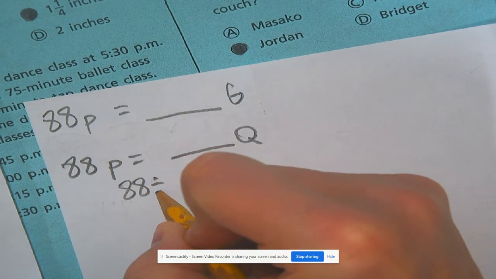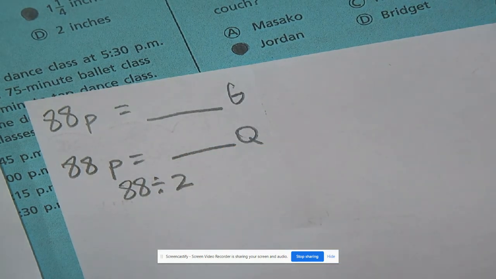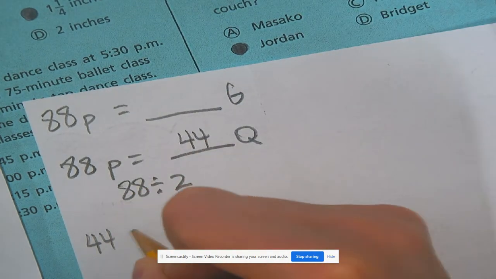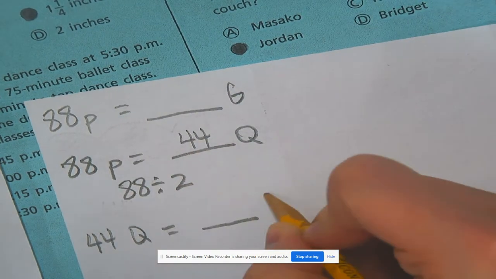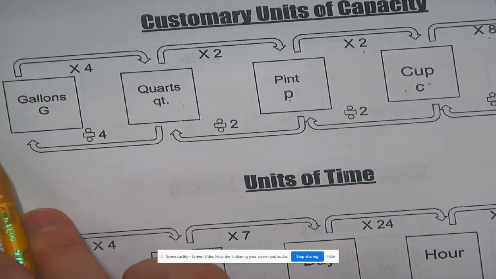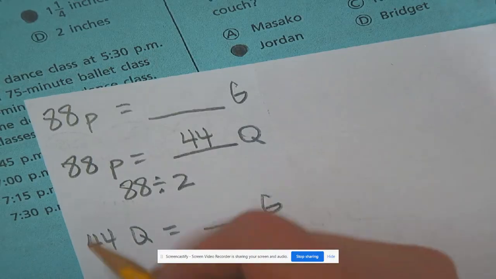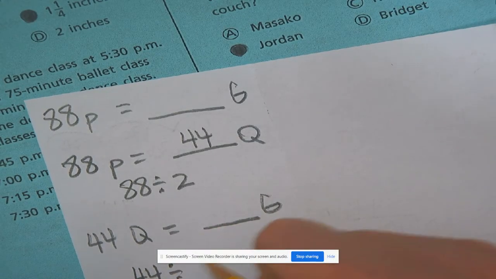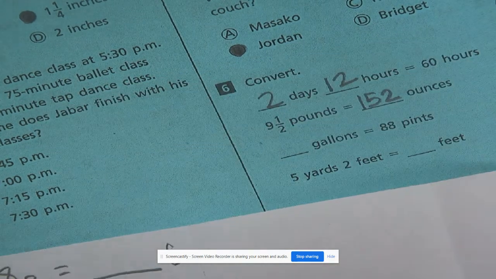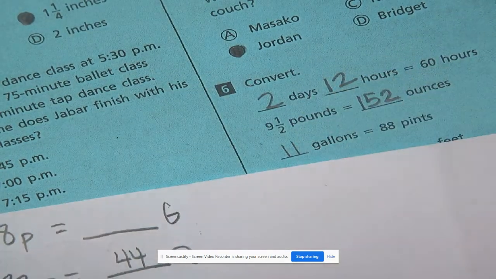Divide by 2. Could you mentally do that one? 44 quarts. So 44 quarts equals how many gallons? Well, how do I go from quarts to gallons? 44 divided by 4 equals 11. So it equals 11 gallons.